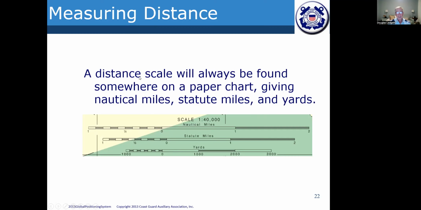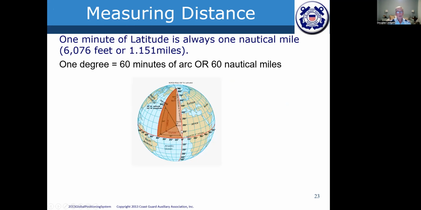So you look at your scale and you can use a set of dividers and figure what your distance is. Say it's 1.5: you could put 1 point on here and go over here to a half, and you would tell that on a scale of 1 to 40,000, if you had that much distance between your points, that would be 1.5 nautical miles. So what is a nautical mile?